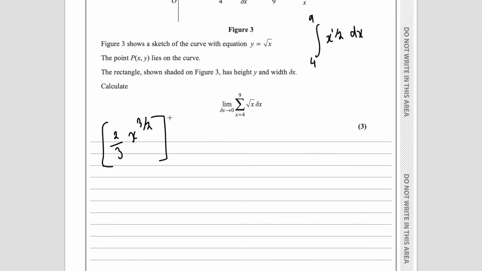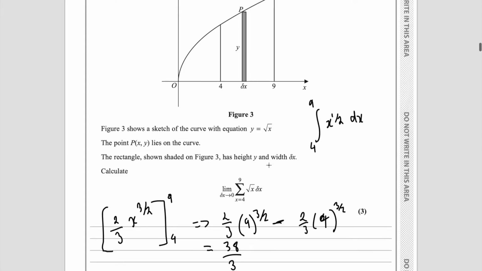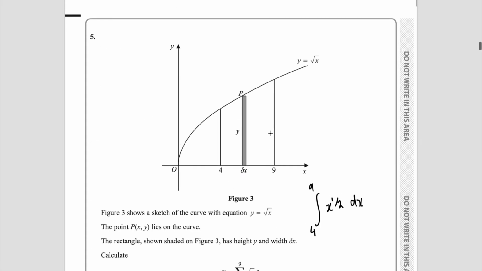And we're going to be substituting our limits of 9 and 4 in there, and that makes 2/3 multiplied by 9 to the power of 3 over 2, minus 2/3 multiplied by 4 to the power of 3 over 2, and that's going to equal 38 over 3.